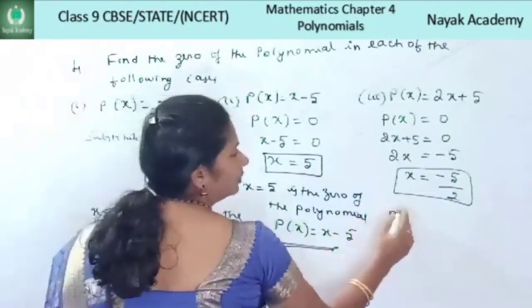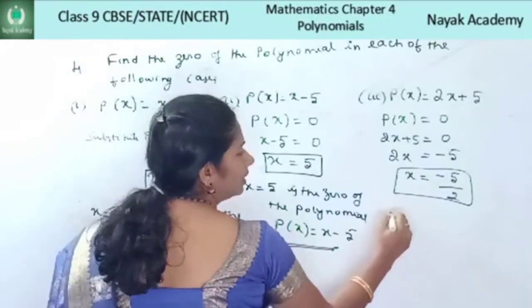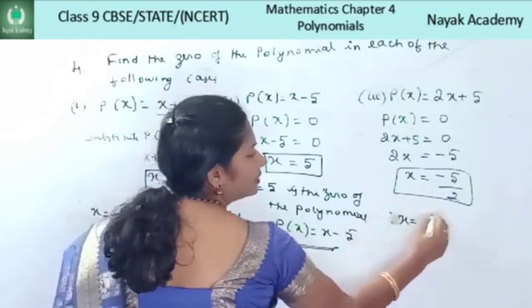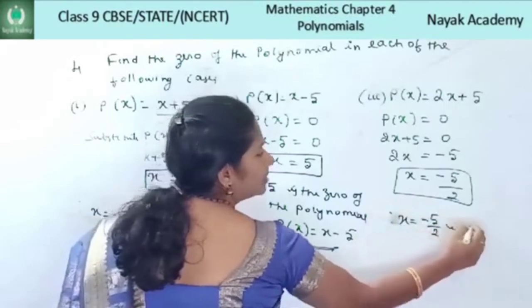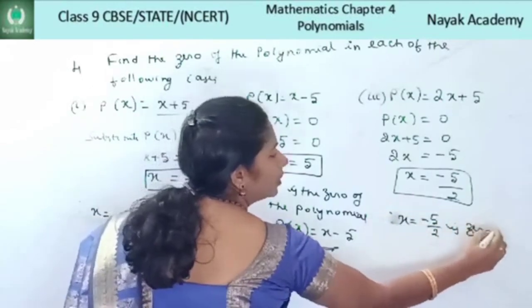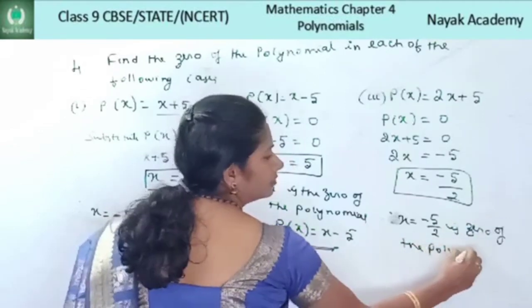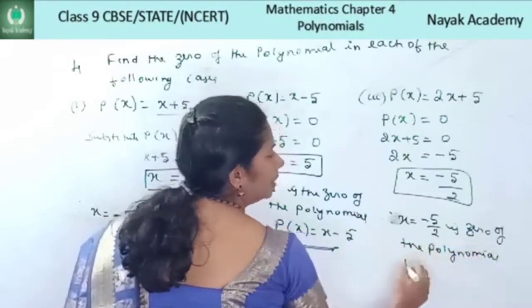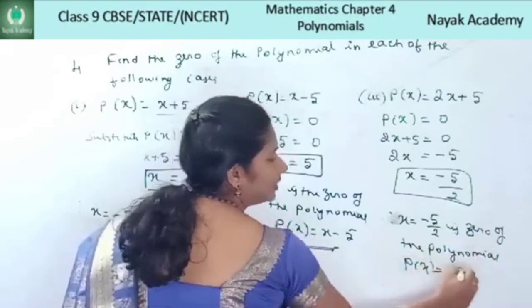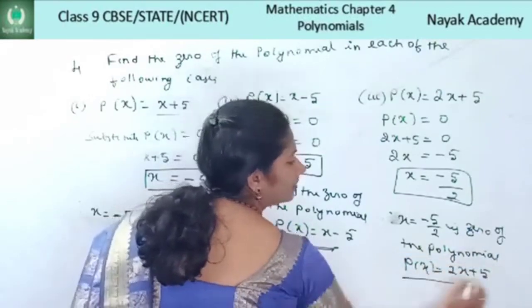Therefore let me write the conclusion. Therefore x is equal to minus 5 by 2 is the zero of the polynomial p of x is equal to 2x plus 5.